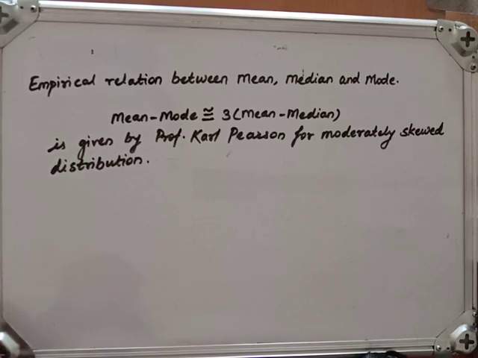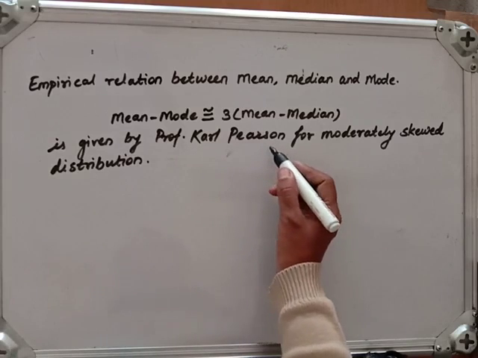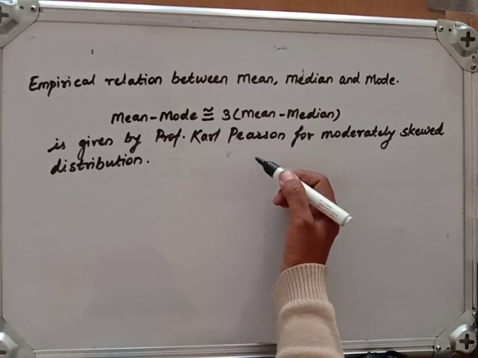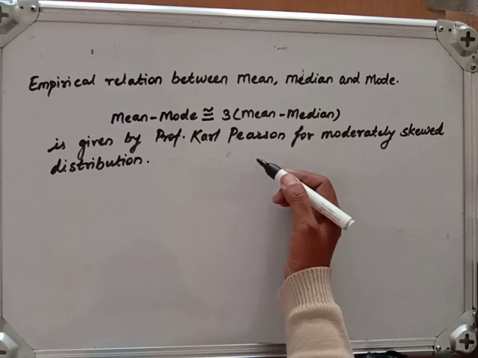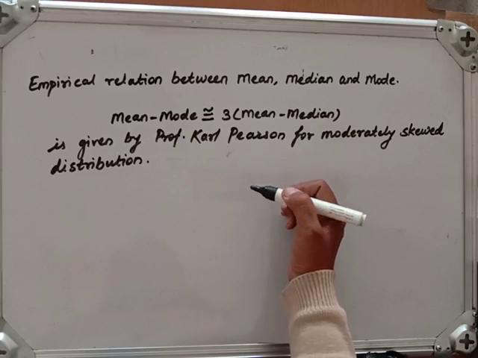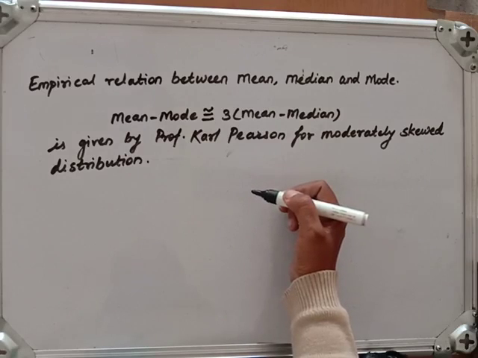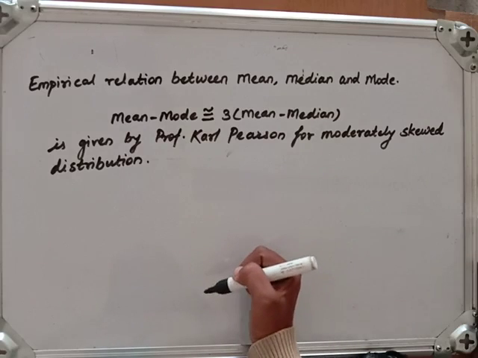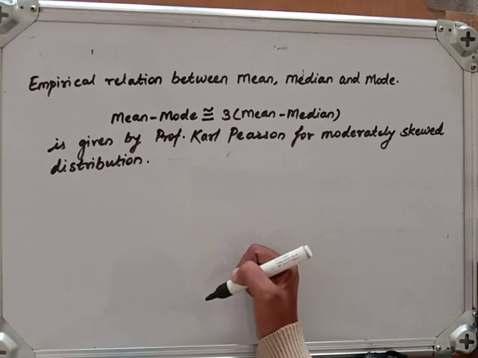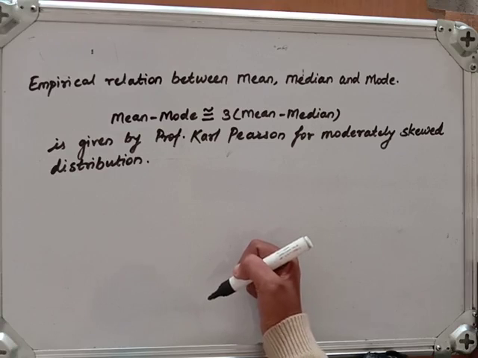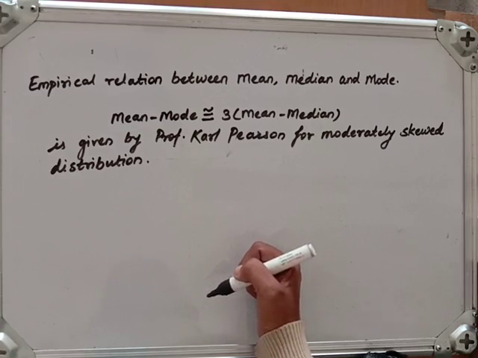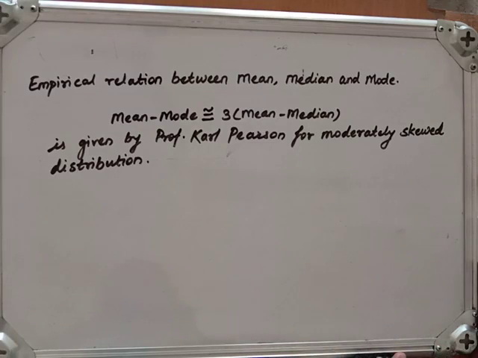Karl Pearson's coefficient is given by Professor Karl Pearson, a British biometrician and statistician. It is also known as the Pearsonian coefficient of skewness.